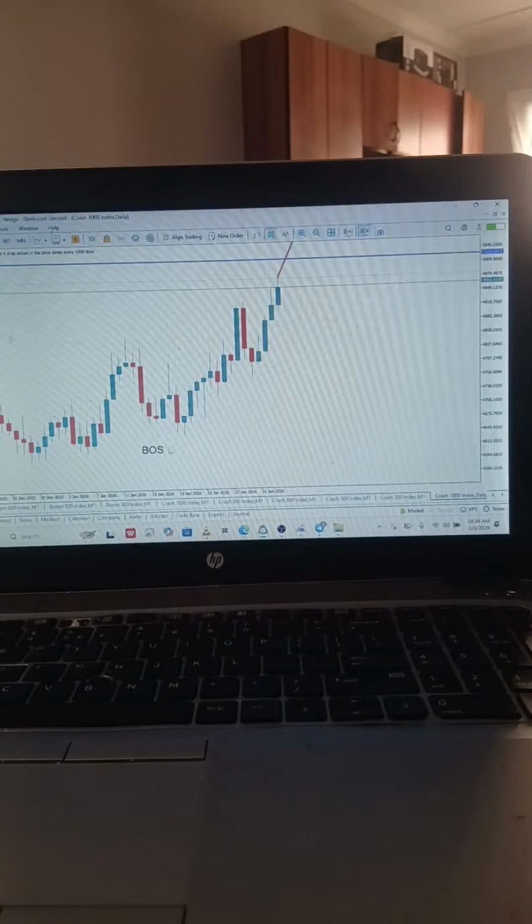Okay, on the daily time frame, what else can we see? We can also see that price has been moving in a trend line. There's sort of a channel forming here. Let's see if this is a channel. Okay, something like this.